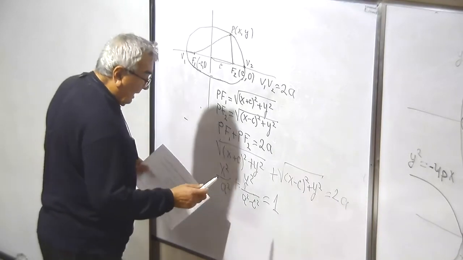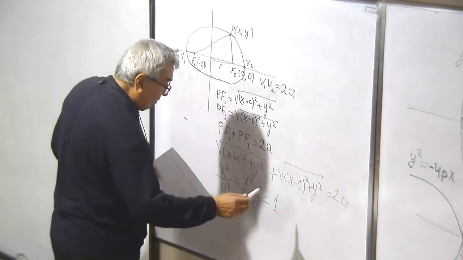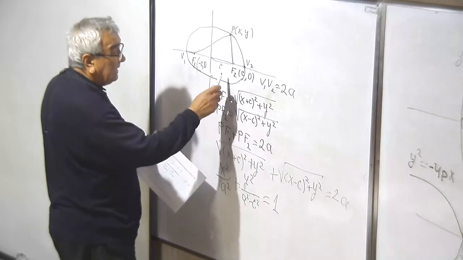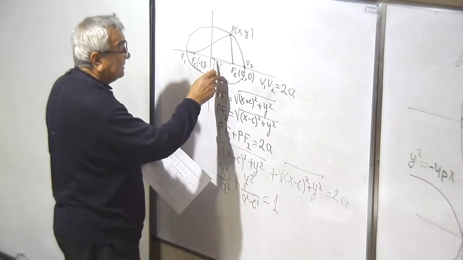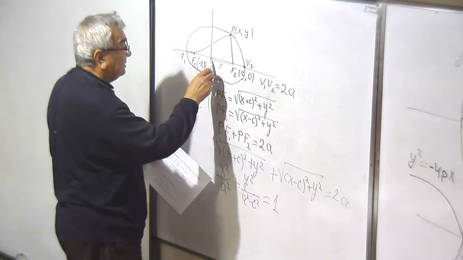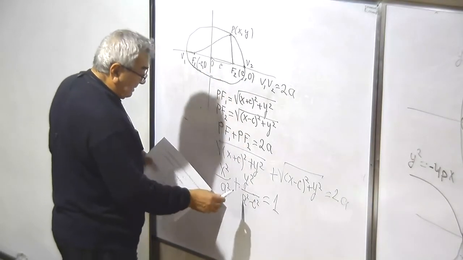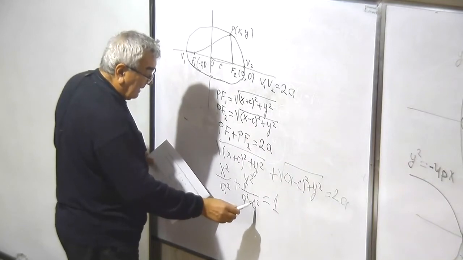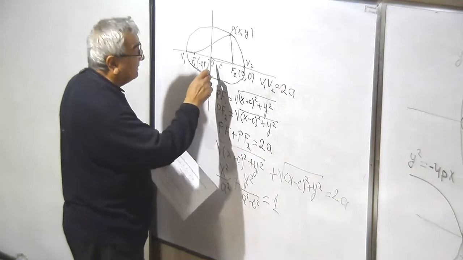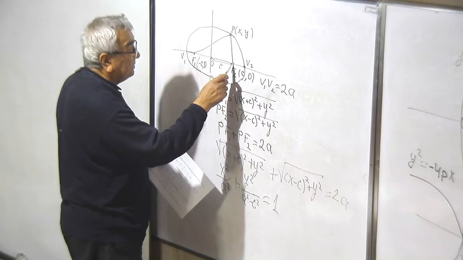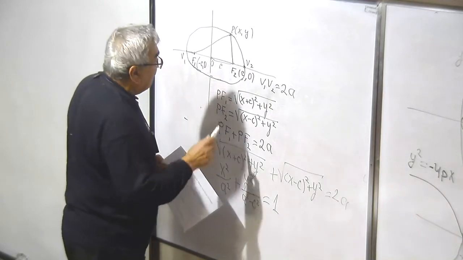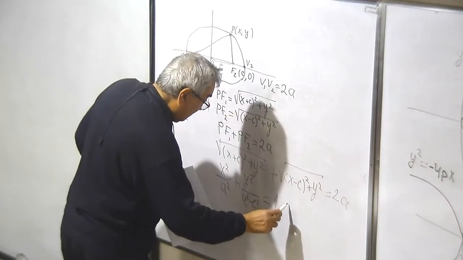Now I note a, because you see a is this distance, the distance from the origin to the vertex. Therefore a square is larger than c square, where c is the distance to the focus.